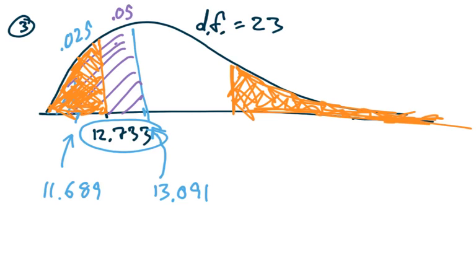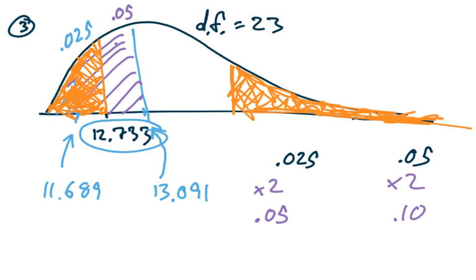We don't have to draw that picture. We just have to remember on the left, we have this area 0.025 and 0.05. For our p-value, we have to do each one of these times 2. So this is going to be 0.05, and this will be 0.10. And our p-value is somewhere in between.